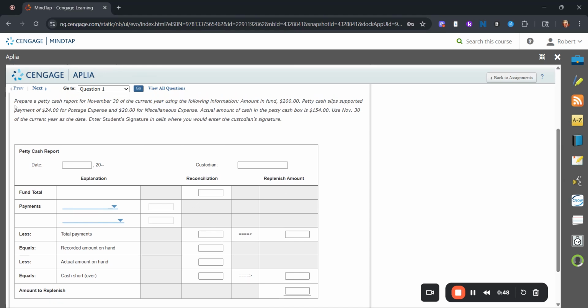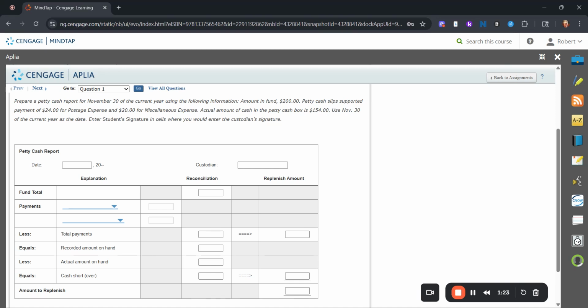So start the directions. Prepare petty cash report for November 30th for the current year using the following information. The amount in the fund is $200. So that's the amount that started at the beginning of the month in the petty cash in the office. Petty cash slips supported a payment of $24 for postage and $20 for miscellaneous expense. Actual amount of cash in the petty cash is $154.